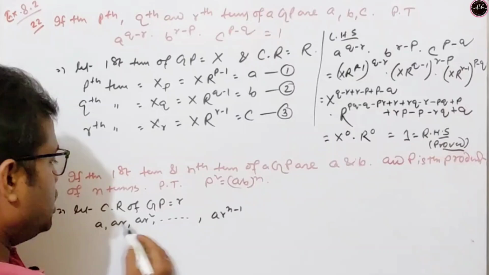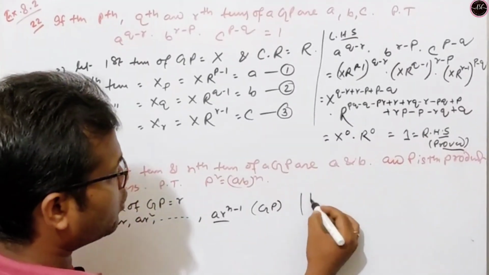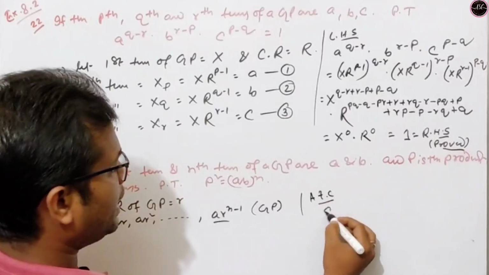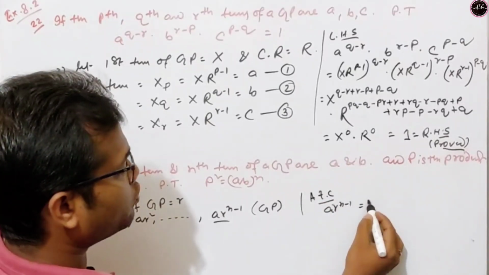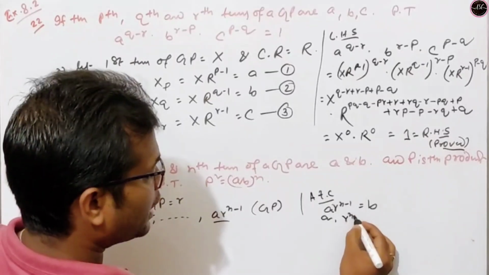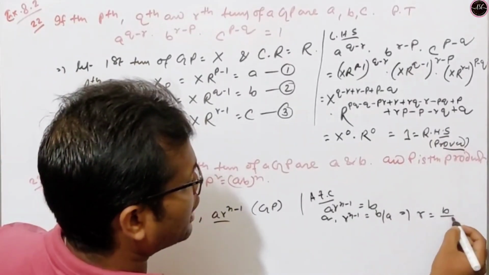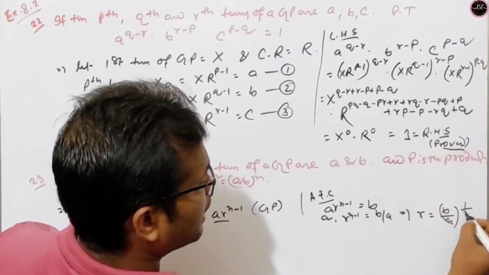So this is a GP. According to the condition, AR to the power n minus 1 equals B, as this is the nth term. So R to the power n minus 1 equals B by A, which implies R equals (B by A) to the power 1 by n minus 1.